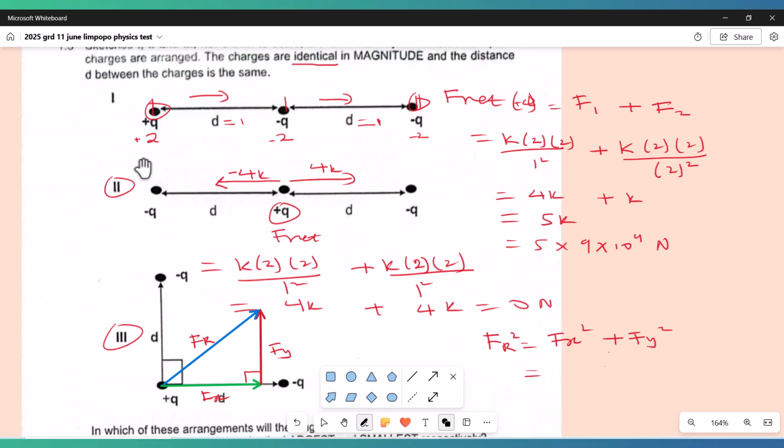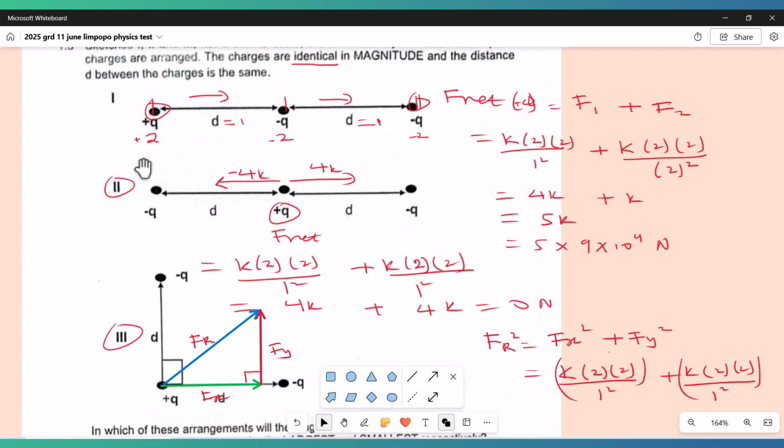Our Fx is again given by K multiplied by, because the charges are the same, 2 times 2, divided by 1 by 1 squared. Don't forget to square. Then plus the same one here, also K multiplied by 2 times 2 divided by 1 squared. Don't forget to square this.